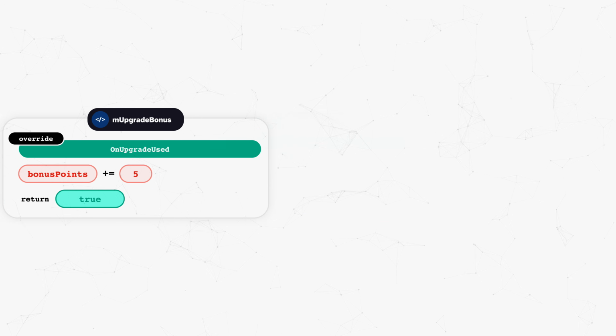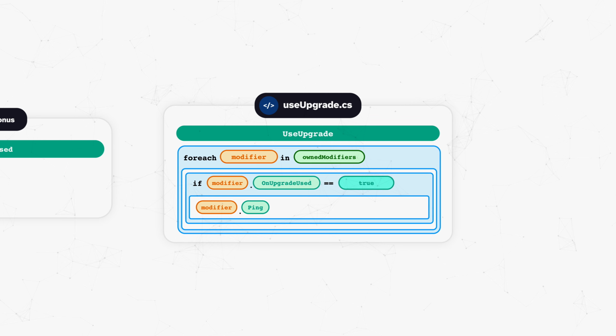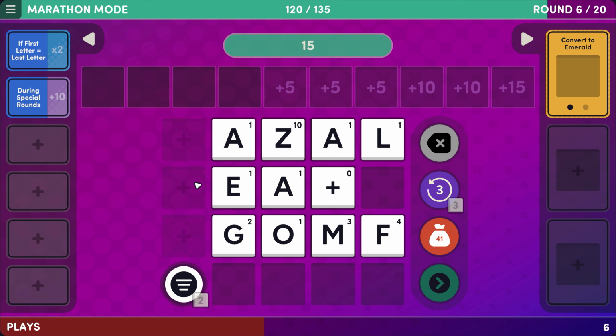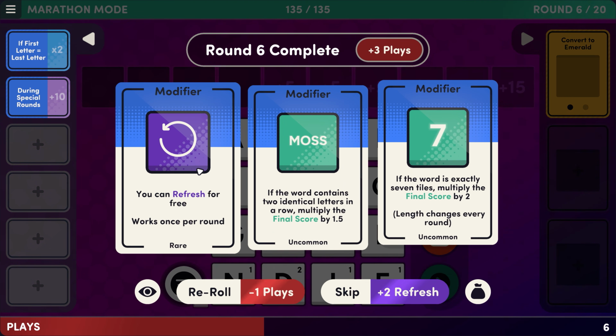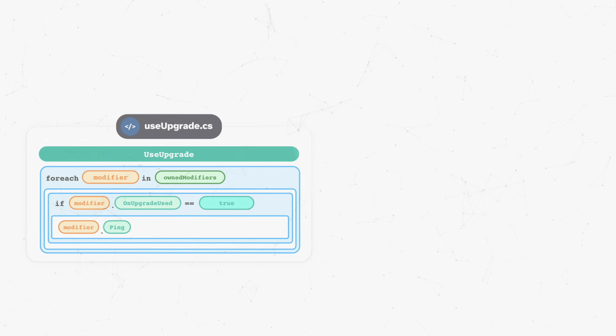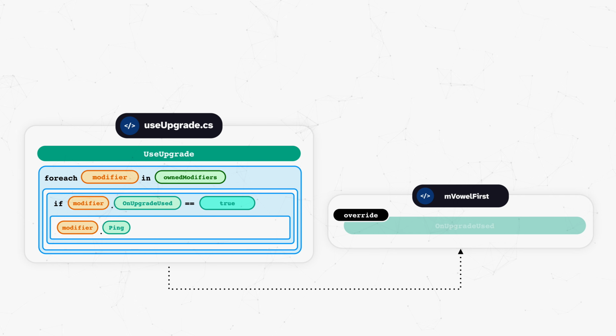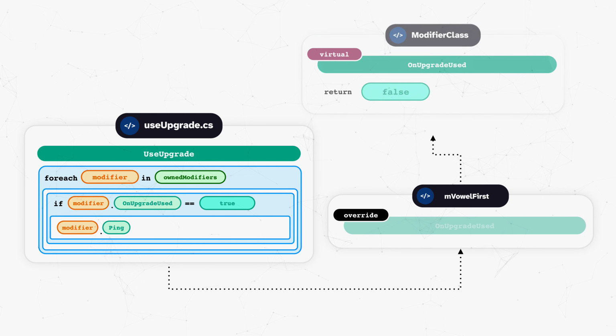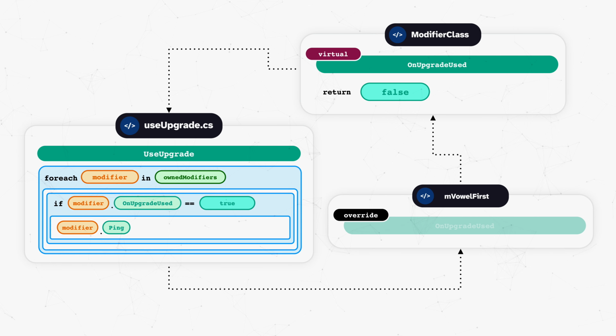And then finally, in the use upgrade code, I just loop through the owned modifiers and trigger the function onUpgradeUsed on each of them. And the nice thing is, this is completely compatible with the other modifiers. Like the is the first letter a vowel modifier doesn't have an override for onUpgradeUsed, so it will simply use the code on the base class, which is to do nothing and return false.